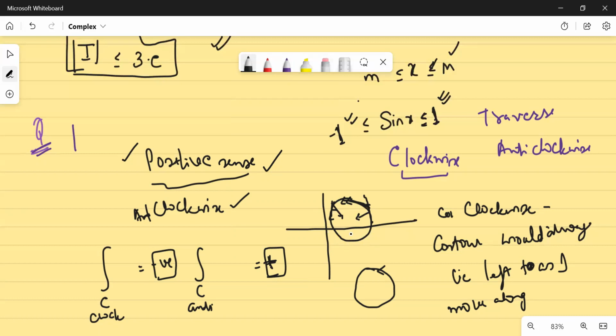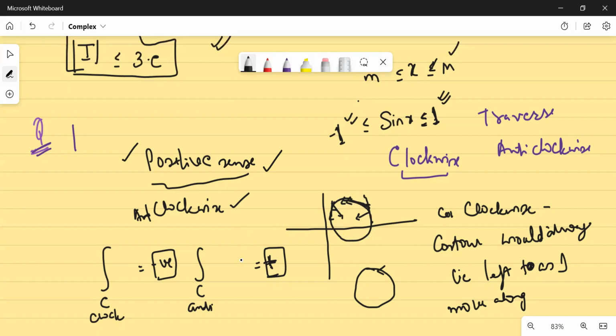There is no explanation in this. Just understand that the anti-clockwise sense is called a positive sense. While moving anti-clockwise, you can clearly see that your curve is lying to the left of your sense of moving. And in the clockwise sense, your curve lies to the right while I'm moving. Understand the point that the anti-clockwise sense of traversal is called a positive sense of rotation, and the clockwise sense of rotation is called the negative sense of rotation.